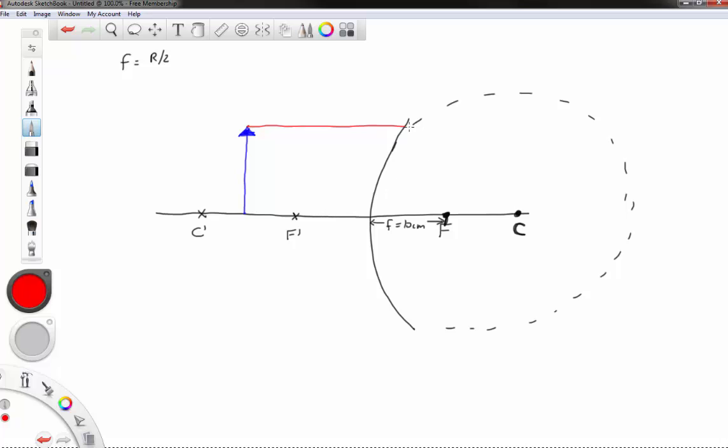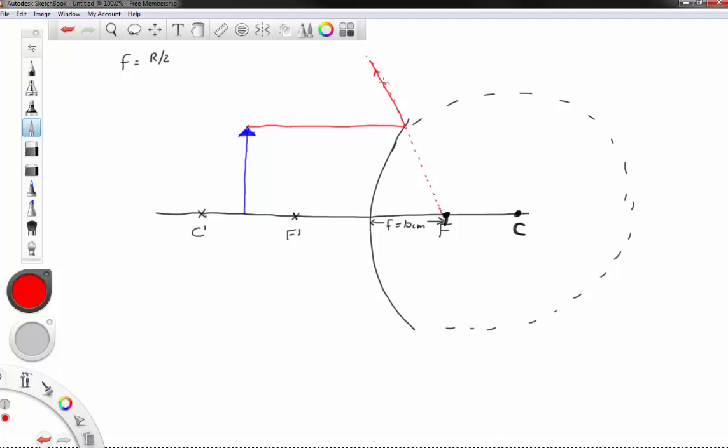And the ray that runs parallel to the principal axis, if it were to reflect, should reflect in such a way that if we draw this dashed line, which runs from the center to the point where these two intercept each other, the reflected ray will run right along this dashed line.